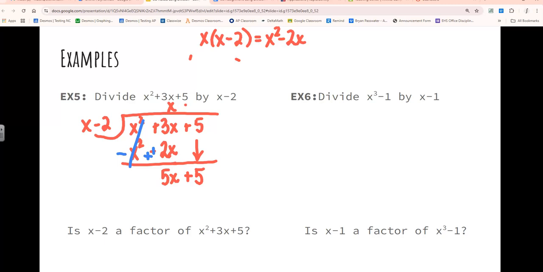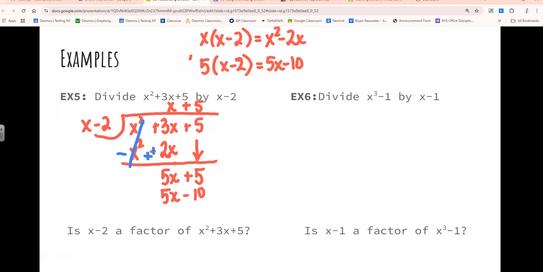It'd be 5, and it would be a positive 5, so I'm going to put plus 5 right here. So I've divided. What do I have to do after I divide? Multiply. So I'm taking that number I just got, 5. What am I multiplying it by? The x minus 2, because I multiply by what's out here. So we will get 5x minus 10. That goes here.